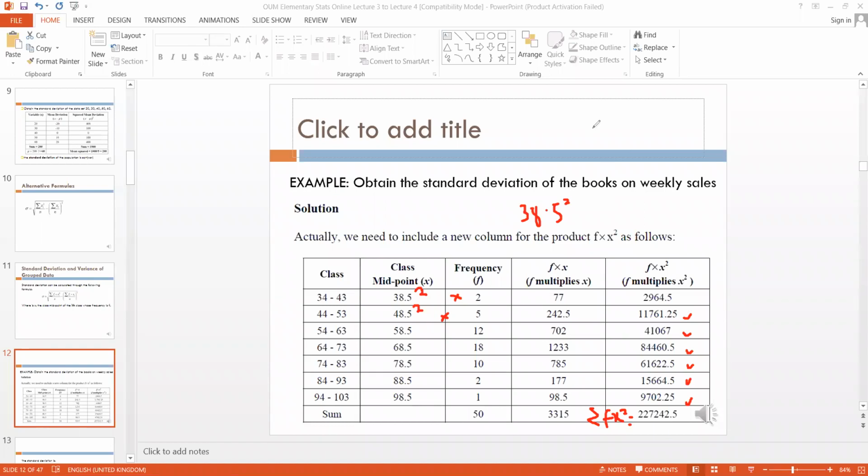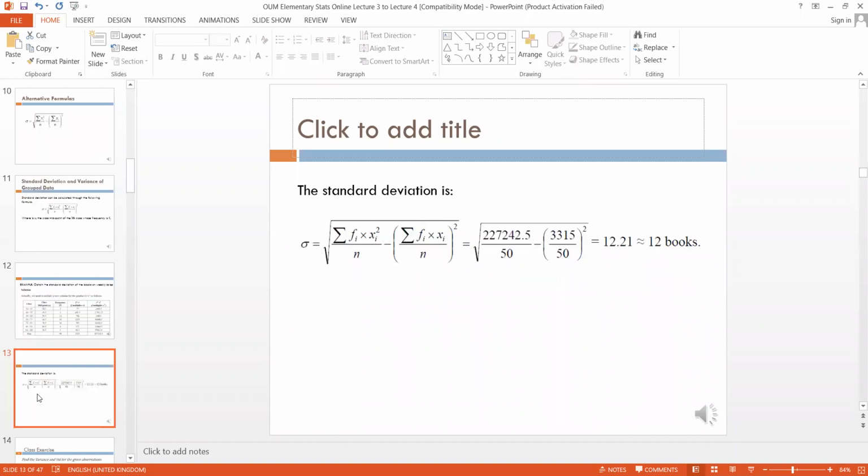Then you will have to substitute into the formula. Take note again, this is f times x squared. It's different from f times x over n, all squared.